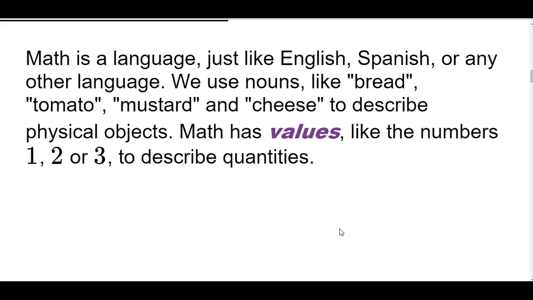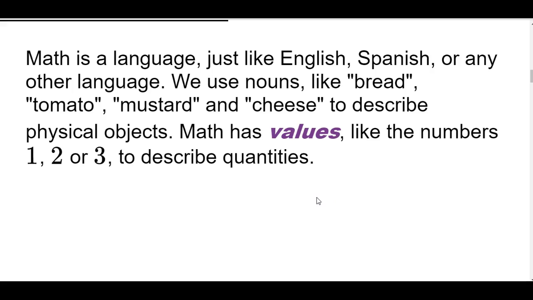And now we're going to start thinking about the language that we're going to write in. All right, so it says math is a language, just like English, Spanish, or any other language. All right, we use nouns like bread, tomato, mustard, and cheese to describe physical objects. So math has values like the numbers 1, 2, or 3 to describe quantities, right?